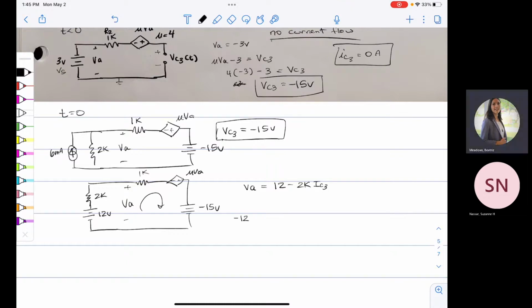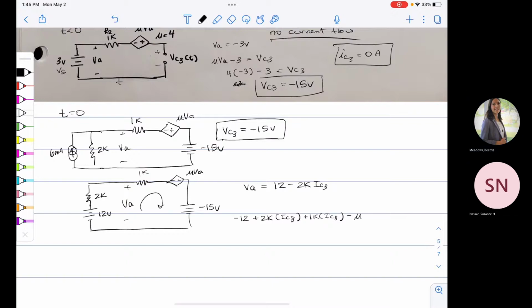It's 2K plus 1K times IC3, and then minus mu times VA, and then our source over here, plus negative 15, that equals 0, right?